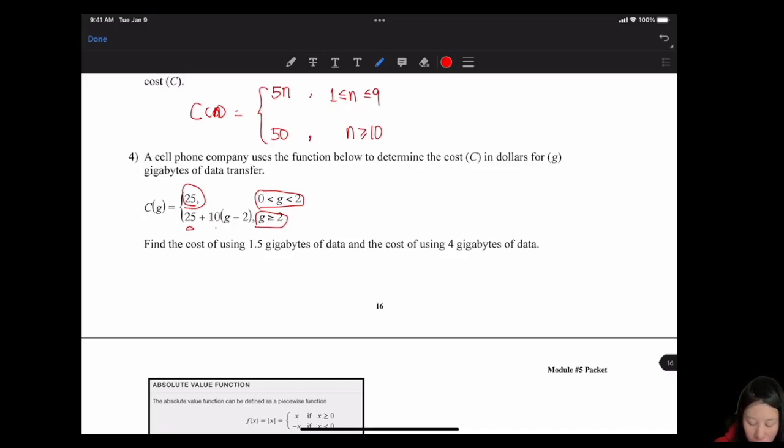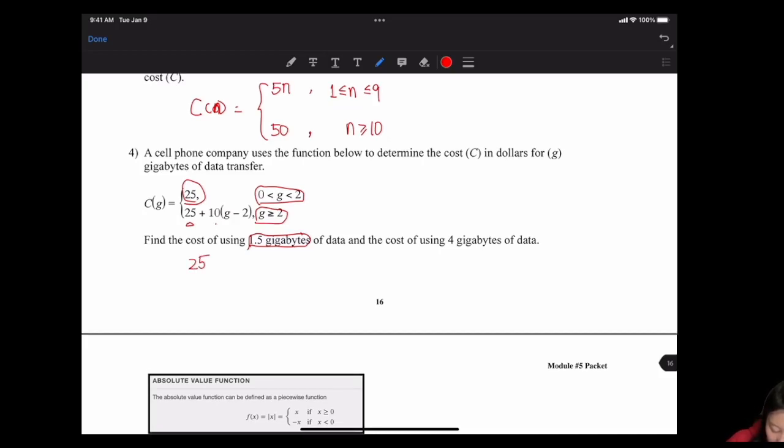So find the cost of using 1.5 gigabytes. Well, 1.5 gigabytes is in between 0 and 2. So the cost of using 1.5 gigabytes is $25.